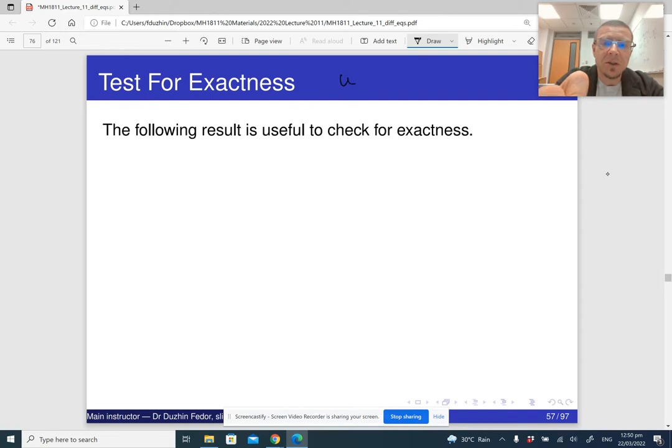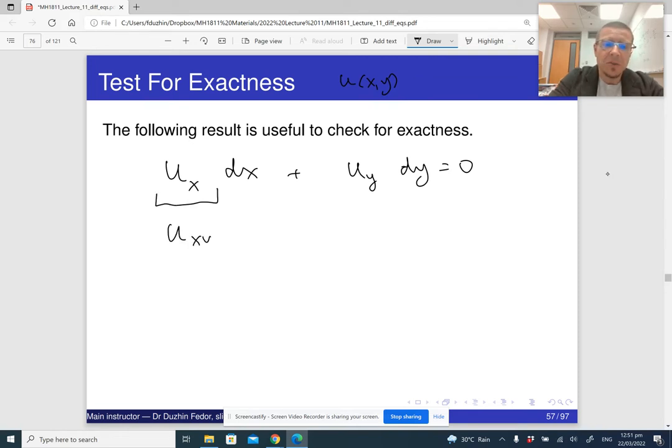If we have a potential u of x y, then an exact differential equation looks like the partial derivative of u with respect to x times dx plus the partial derivative of u with respect to y times dy is 0, right? Well, but then if we differentiate this with respect to y, then we get u x y. And if we differentiate this with respect to x, we get u y x.